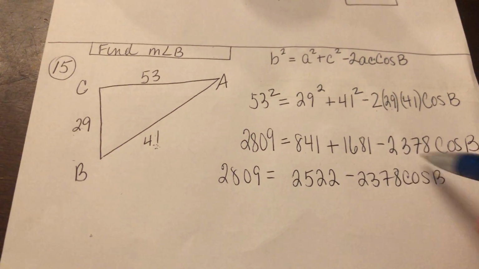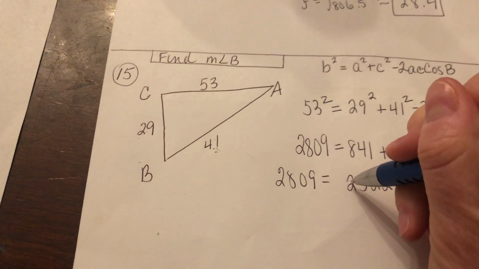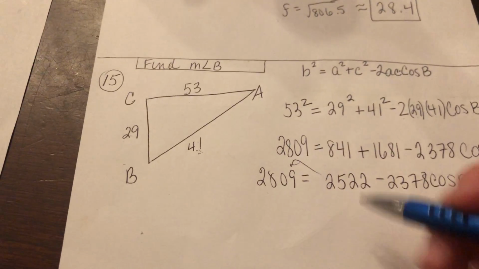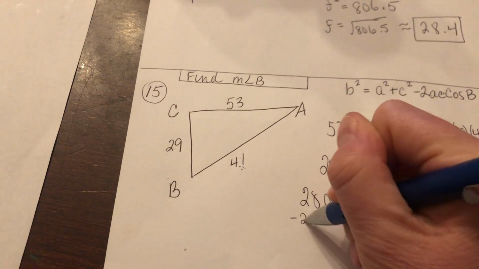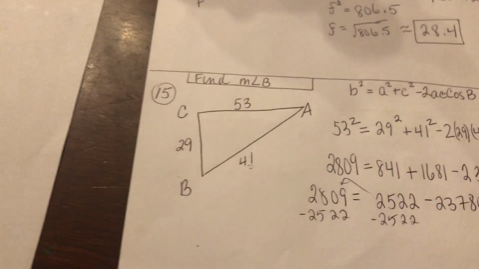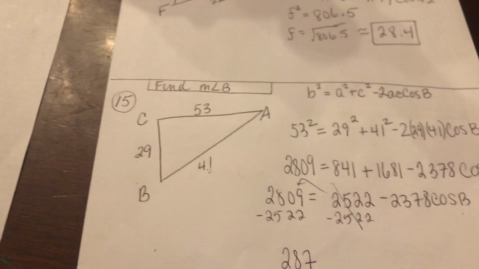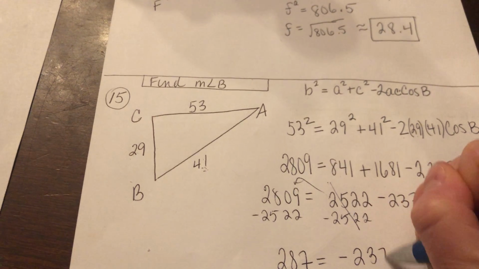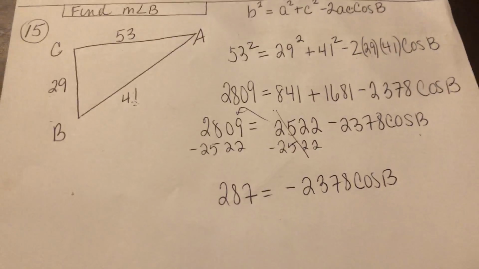I want to get the cosine b by itself, so I can solve. First I'm going to subtract 2522 from this side. Let's do it the long way. If I subtract this, then I will get 287 equals negative 2378 times the cosine of b.